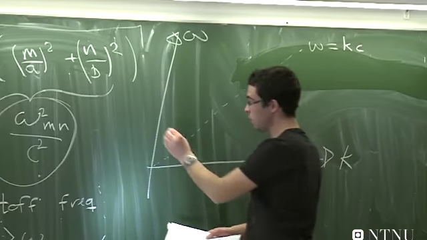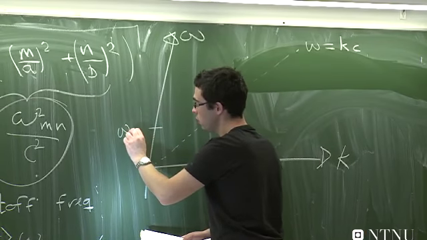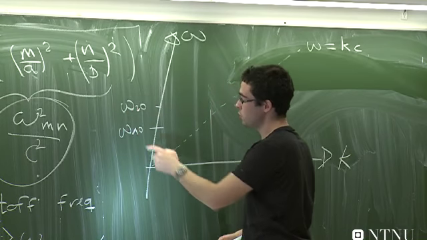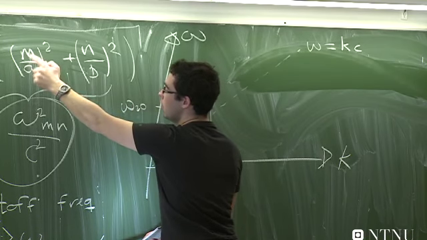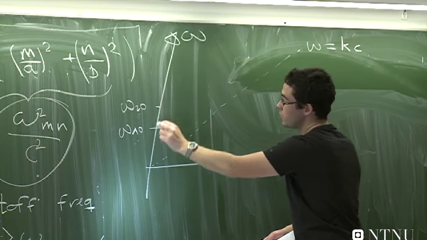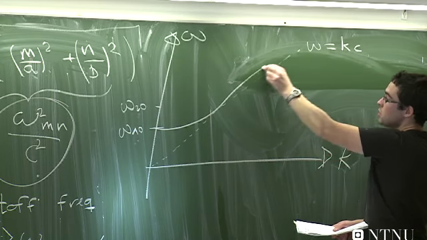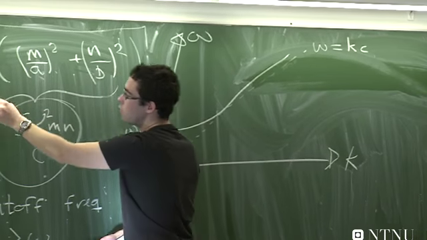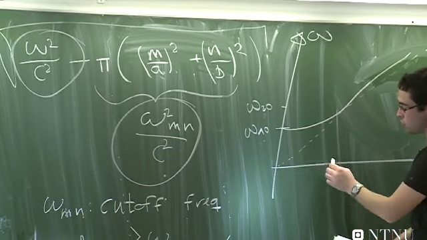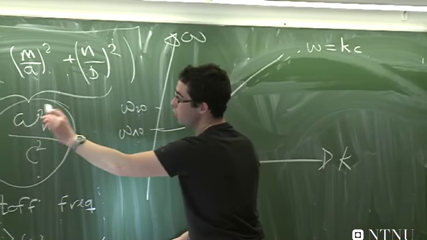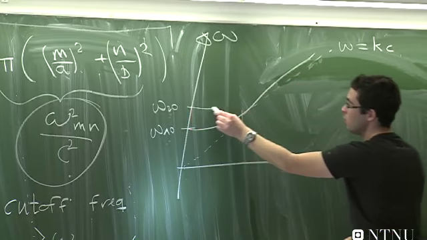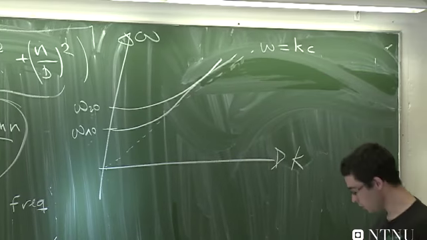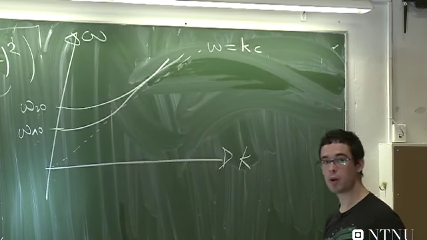So if I have omega 1,0, omega 2,0, because as I increase the m, they increase, you get something like this, that the dispersion relation starts to approach the light line when this term becomes small compared to this term. But for small k, the difference is important, so you get something that flattens out for small wave numbers. Okay, and from this dispersion relation we can now calculate the phase velocity.